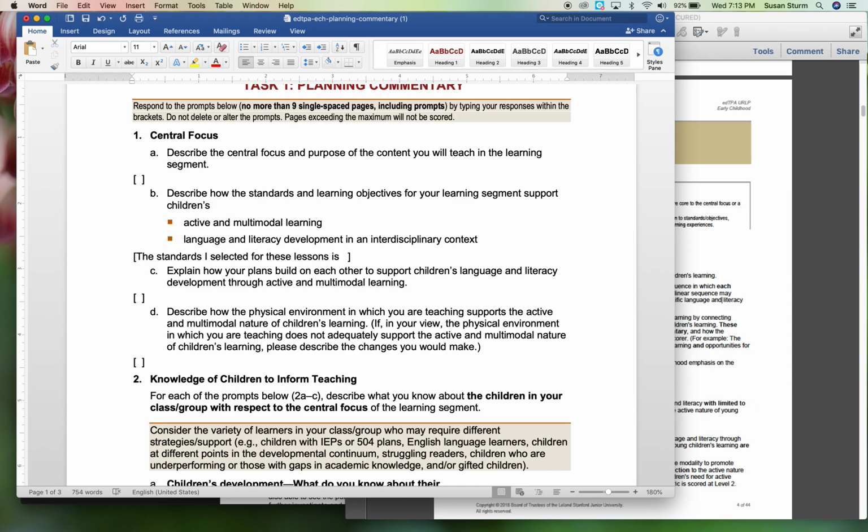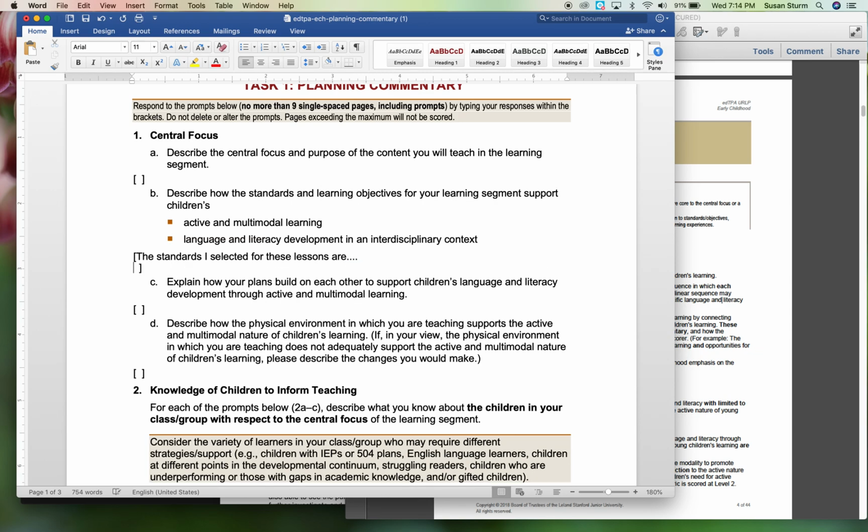So both your literacy standards and your science or math or social studies or technology or whatever standards you're using, list all of them here. And then right after that, you're going to put the learning objectives I designed for each lesson are, and then you're going to list your learning objectives. So that's how this section needs to start.